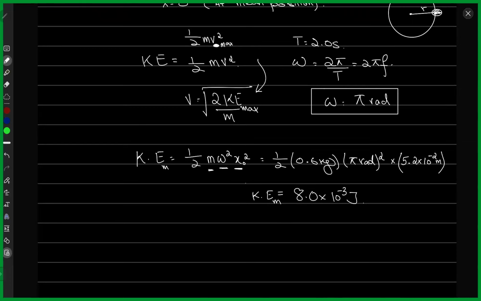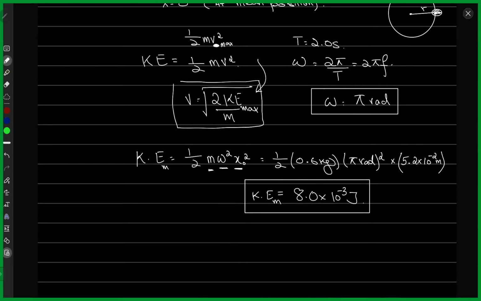So now the first part of the question is completed, which was to find the maximum kinetic energy. And now it's very simple to find the maximum velocity, because we derived this relation before. The reason that I was deriving this was to compute the second part.